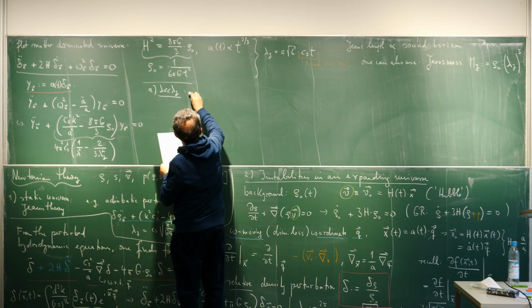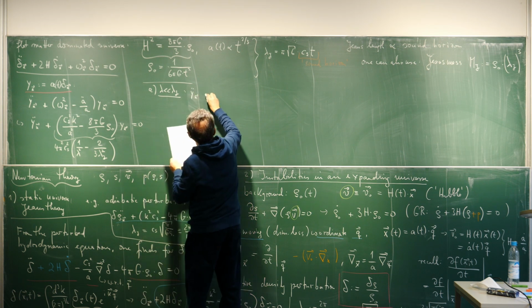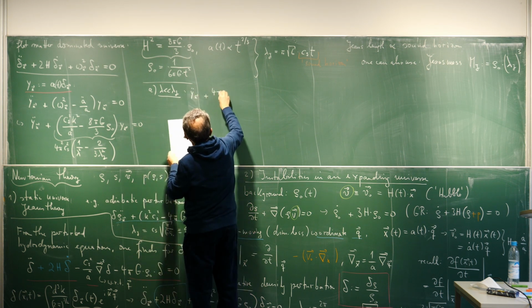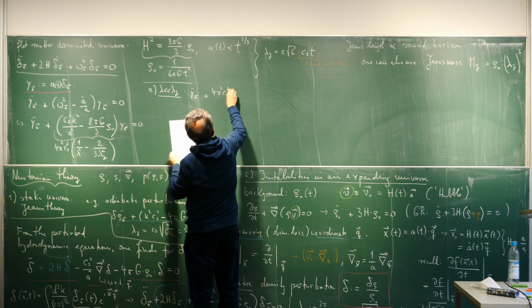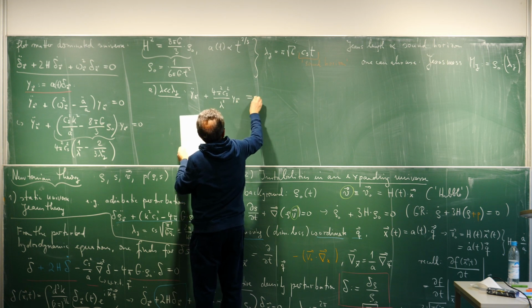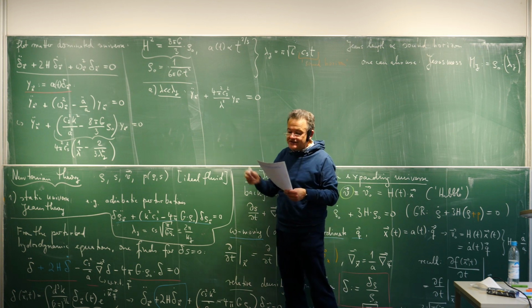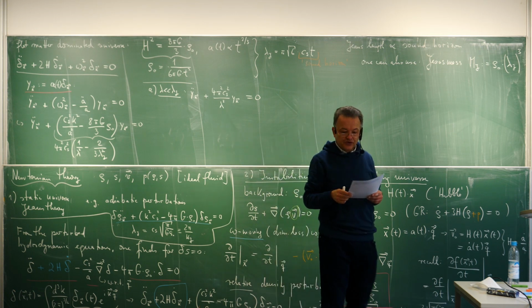So we have y_k double dot plus 4 pi squared c_s squared over lambda squared times y_k equal to 0. Lambda is a function of t. You should not forget that.